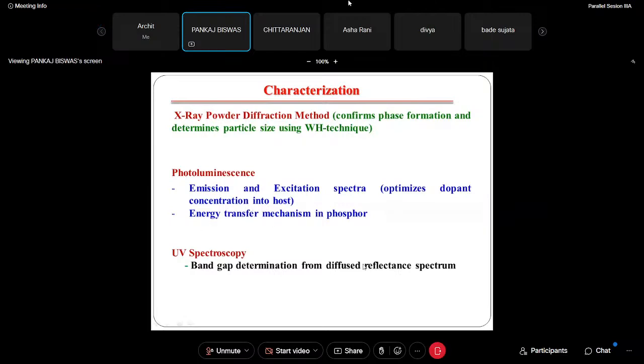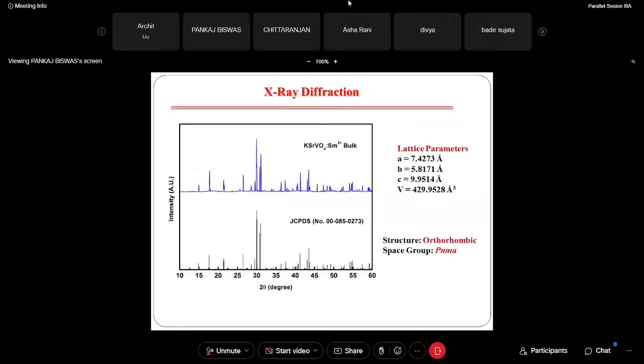The energy transfer mechanism was also studied using photoluminescence. UV spectroscopy was employed for determining the band gap using the diffuse reflectance spectrum, with conversion to absorption using the Kubelka-Munk function.